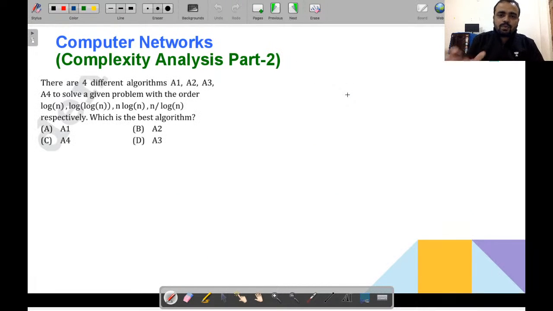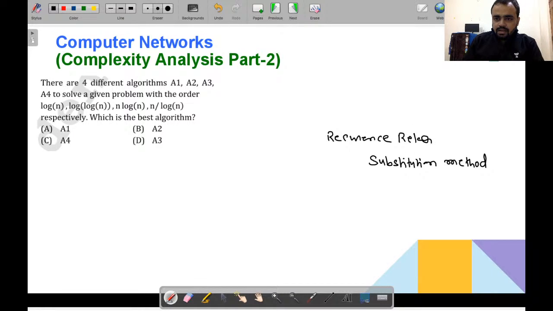Let's crack it. My dear friends, in the previous session I already dealt with the substitution method. I hope you remember. As I told you, any recurrence relation can be solved by three different methods.